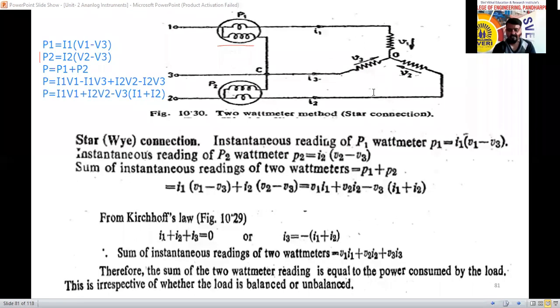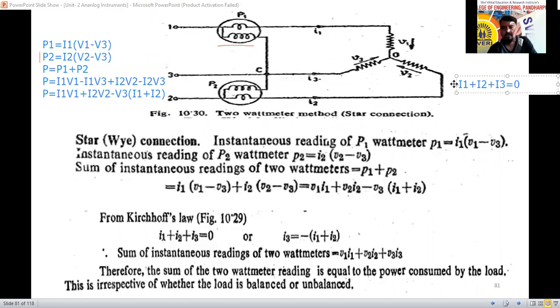Incoming currents are considered positive and outgoing currents negative. So I1 plus I2 plus I3 equal to 0.